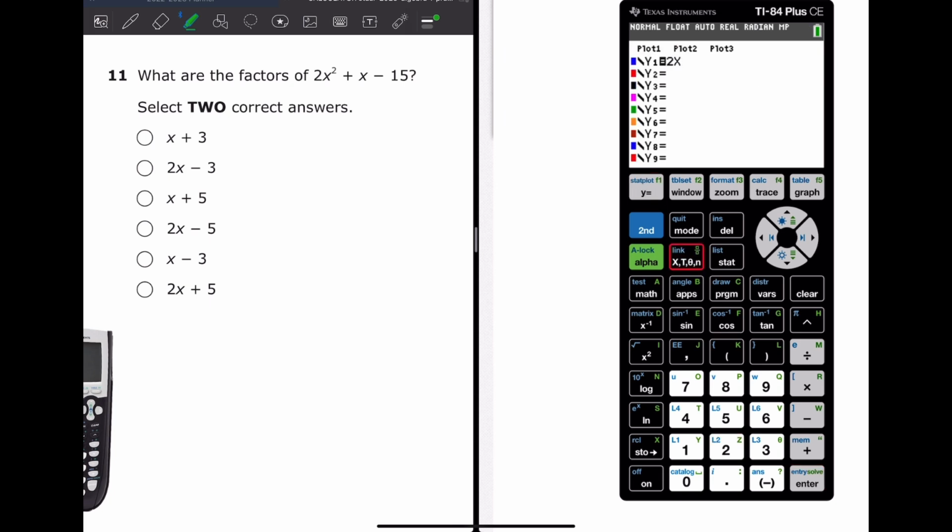Y equals Y1, type in the given. Under Y2, you're going to enter each one of the choices and see which one intersects that parabola at the 0.